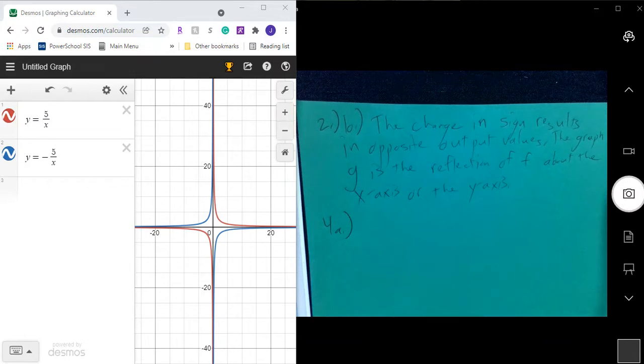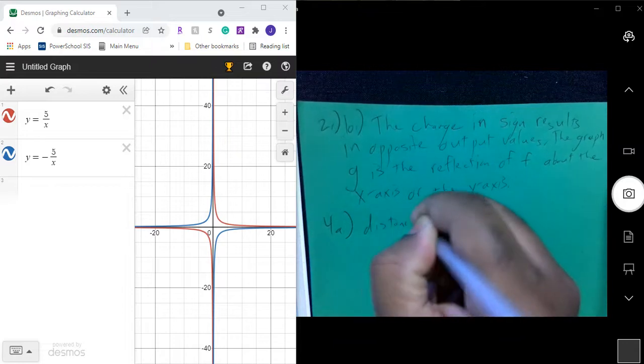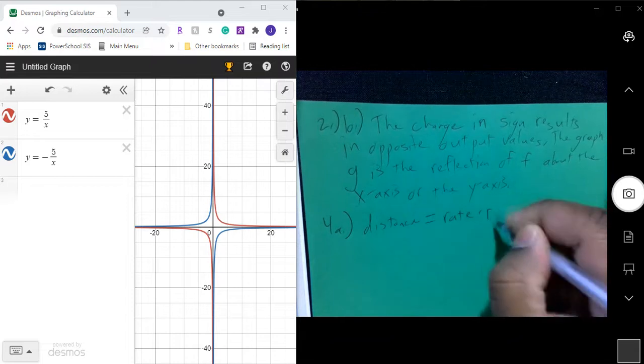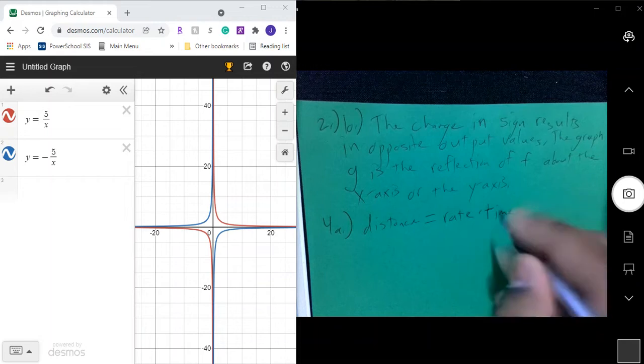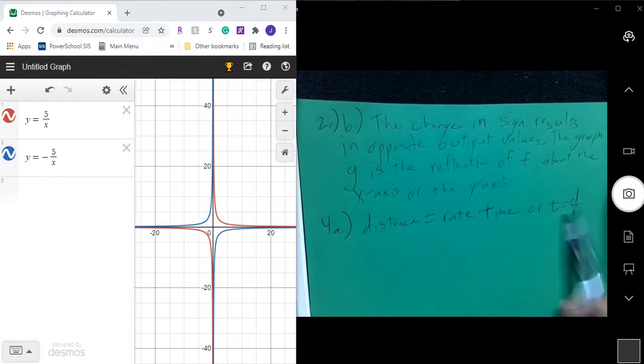Okay, so the first thing we need to do is write down the distance formula. The distance is equal to rate times time, or it could be written as t is equal to distance over rate. So it'd be time is equal to distance over rate.